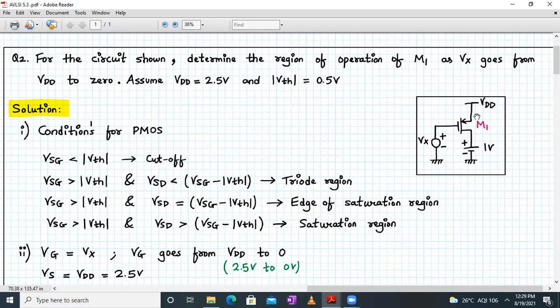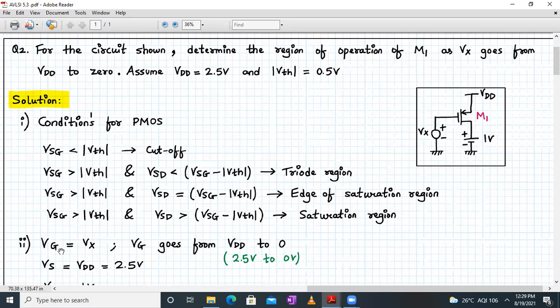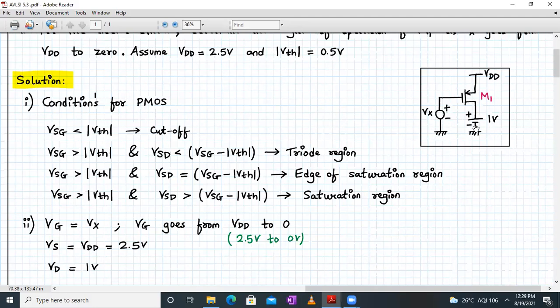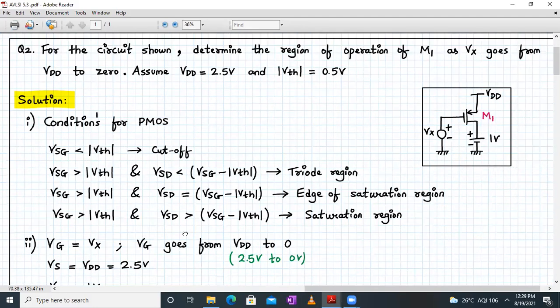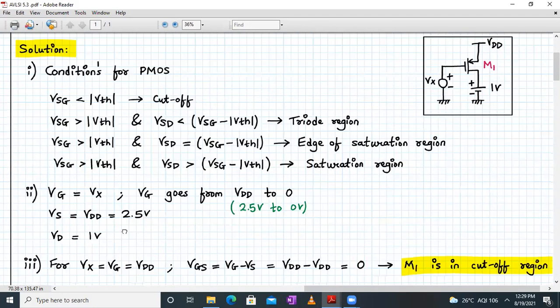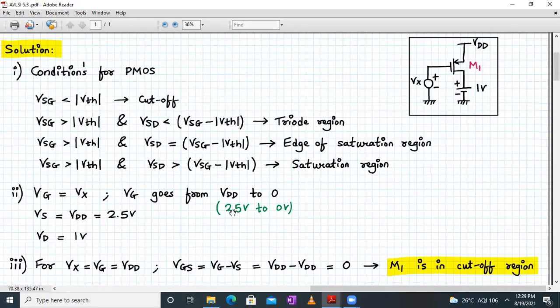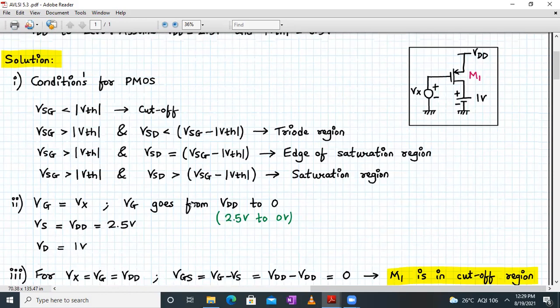And what is that value? 2.5. So my source voltage is also 2.5. And what is my drain voltage? I have connected 1 volt. So right now VG is going from 2.5 to 0 volt, Vs is fixed at 2.5, and Vd is fixed at 1 volt.